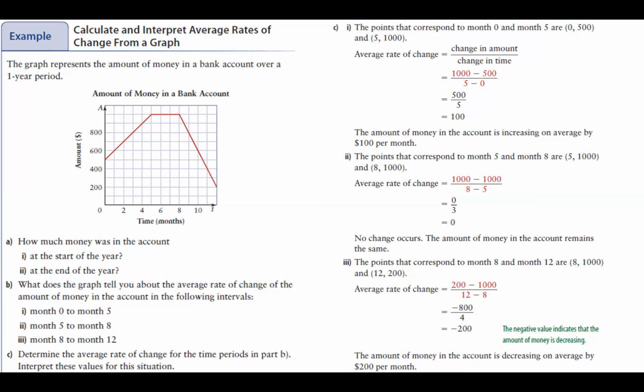So that gives us minus 800 over 4, which is minus 200. So note that we just discussed the slope of this line is negative, right? So the average rate of change is negative. The amount of money in this account is decreasing on average by $200 per month.